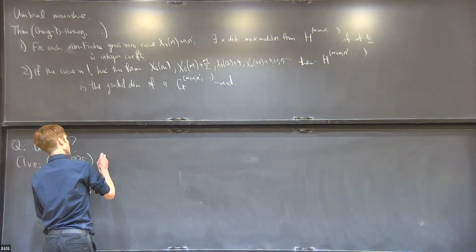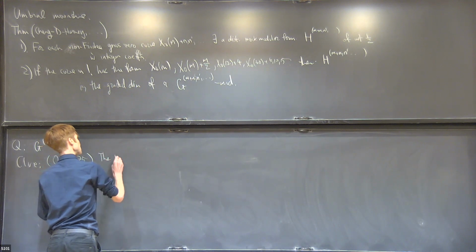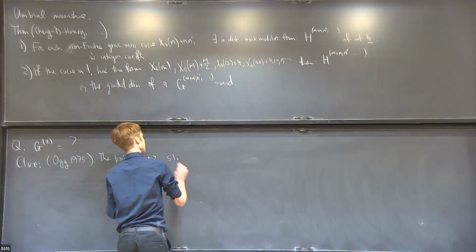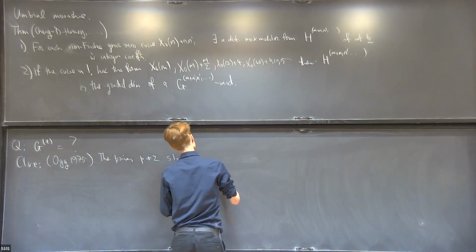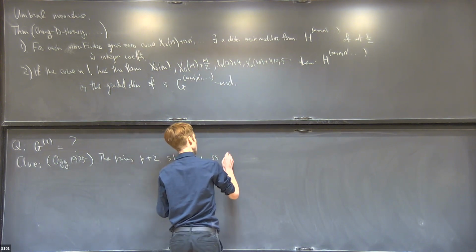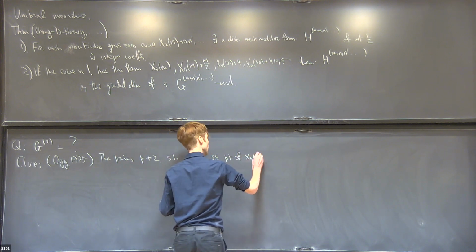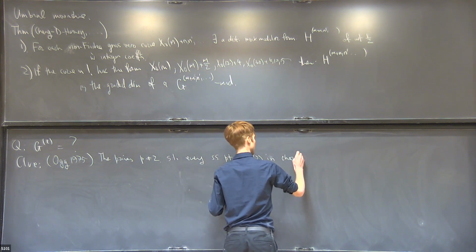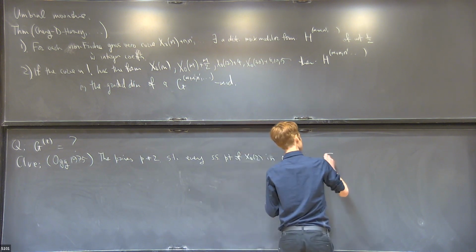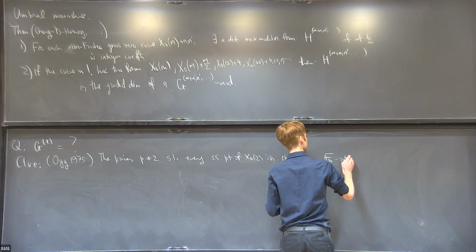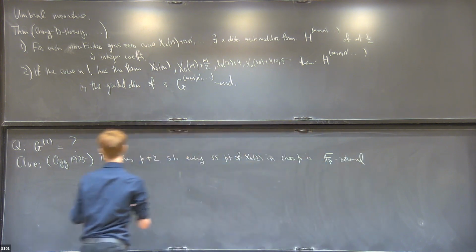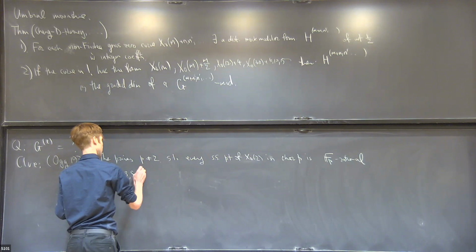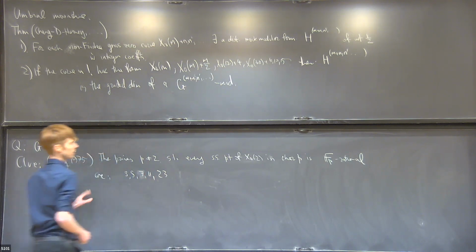The primes p not 2 such that every supersingular point of X_0(2) in characteristic p is F_p-rational are the following: 3, 5, 7, 11, 23.